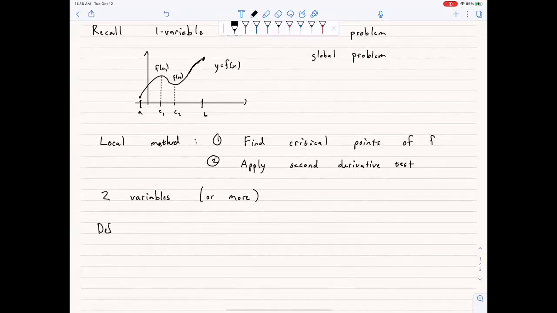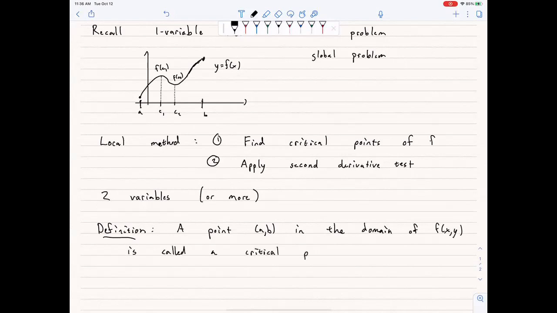So we need a definition, which I think I've mentioned before. A point (a, b) in the domain of a function f(x, y) is called a critical point if one of 2 things happens.